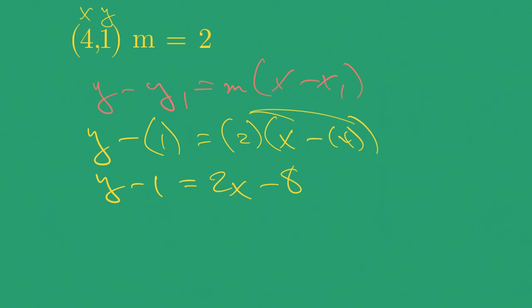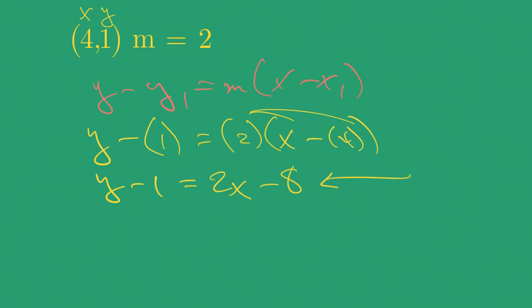We're not quite done yet, but what we have right there is the point-slope form of an equation of a line that goes through the point 4, 1 and has a slope of 2. This is a legitimate equation of a line. It qualifies as the equation of a line, in point-slope form.